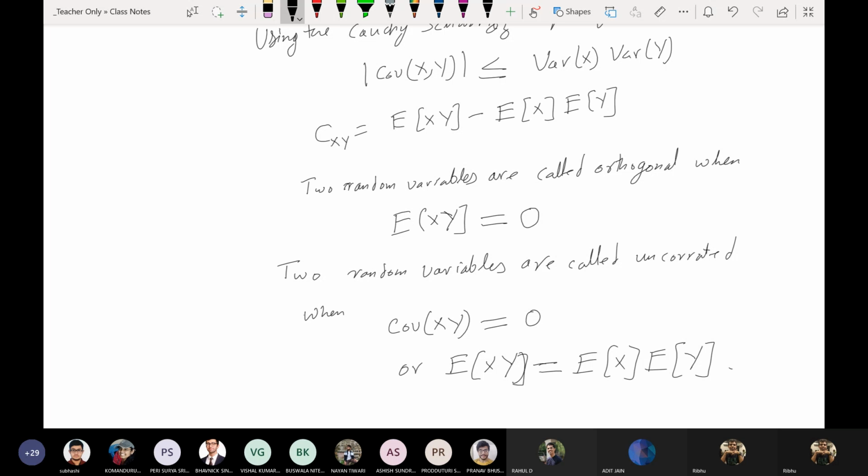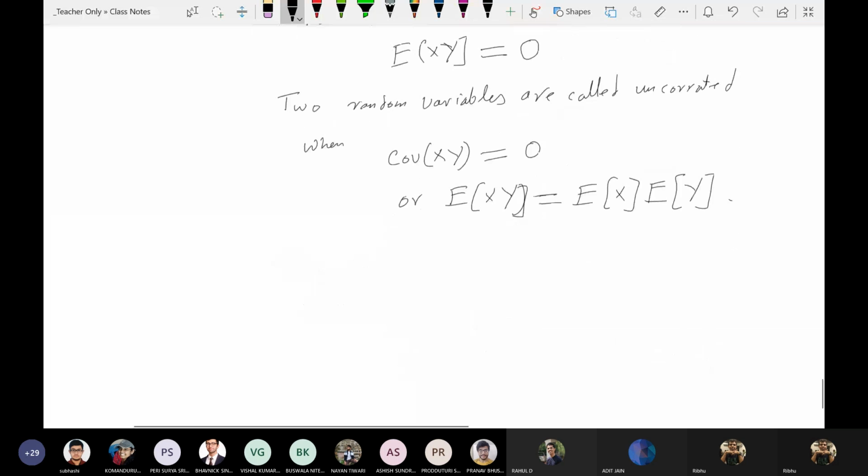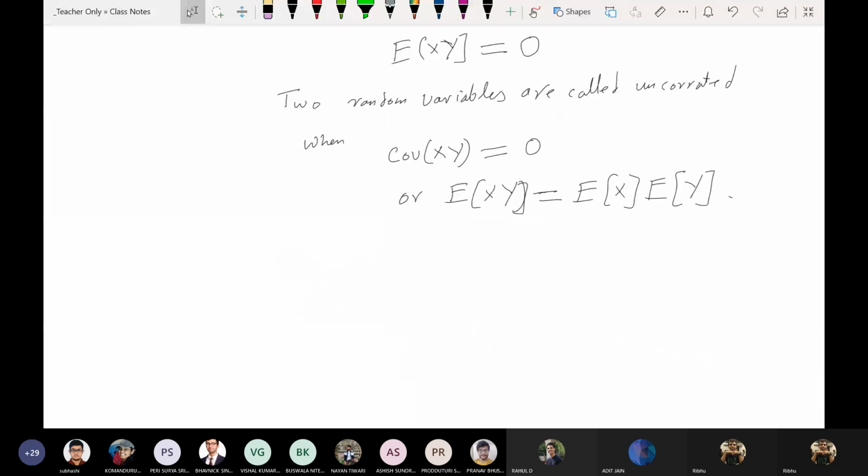Now this brings us to a special case that's not in your book, but I feel that is relevant. So I'll just discuss that briefly. Sir, are uncorrelated and independence two different things? Yes, uncorrelatedness and independence are two different things.